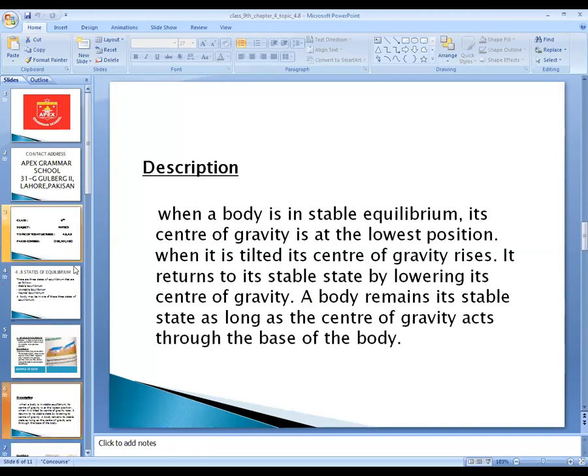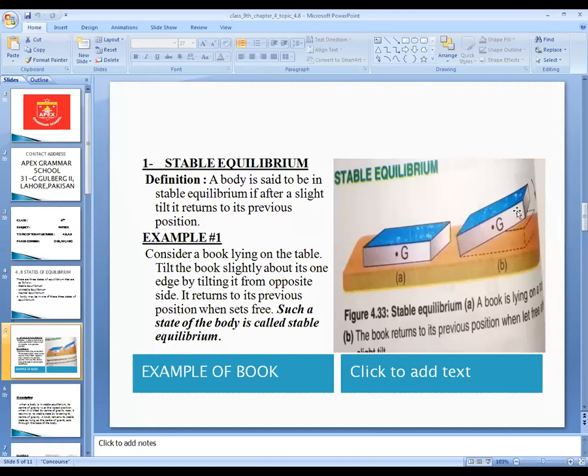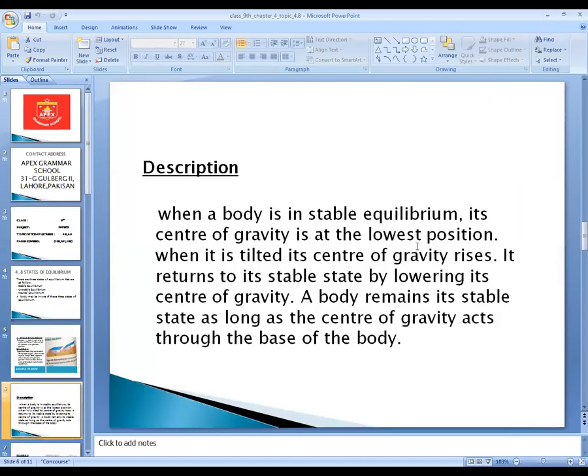What is happening in stable equilibrium? When a body is in stable equilibrium, its center of gravity, which we discussed in my previous lecture, is at the lowest position. When it is tilted, its center of gravity rises. Here the center of gravity rises because I am lifting the book. It returns to its stable state by lowering its center of gravity.